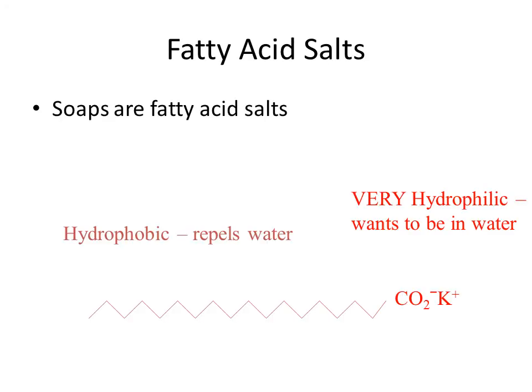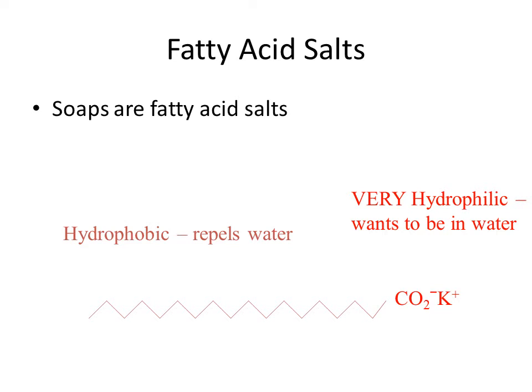Now, fatty acid salts. We've already seen that carboxylic acids will react with bases to form salts. We can have some very long chain acids, and when we have a really long chain like the one shown there, that's called a fatty acid. We can make a salt of that, and that's called a fatty acid salt. The long chain part is hydrophobic.